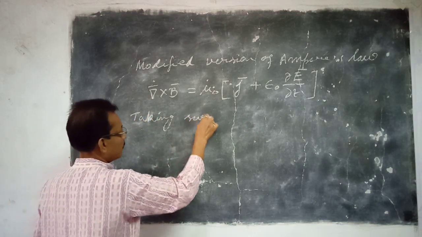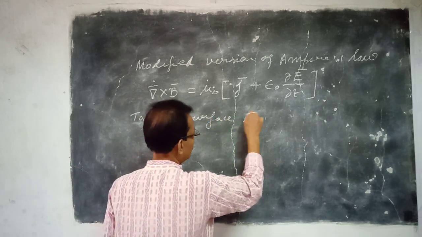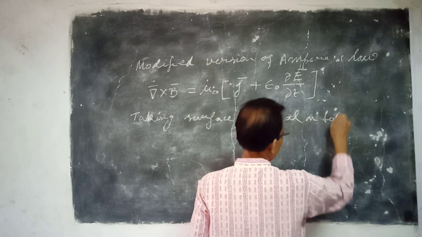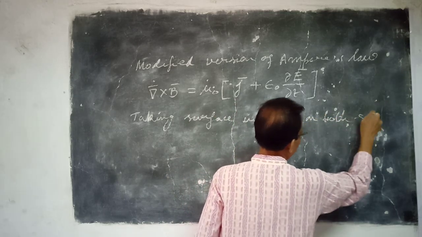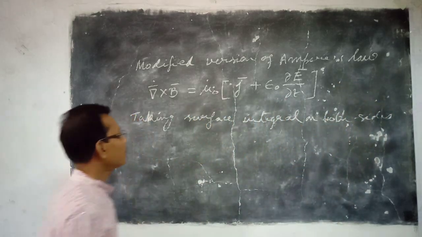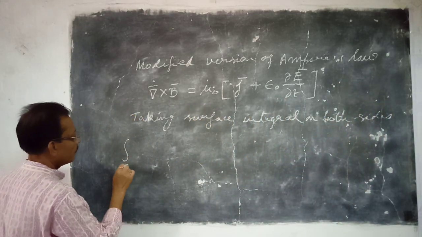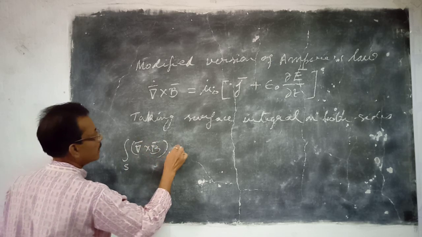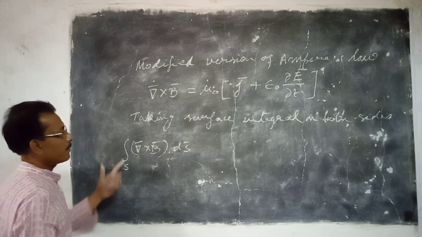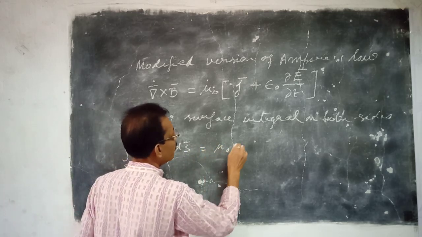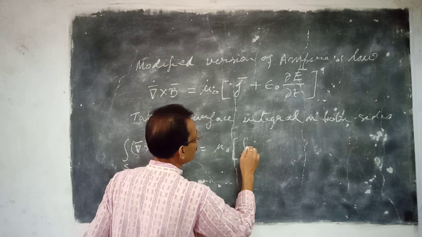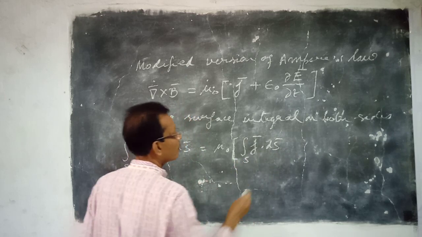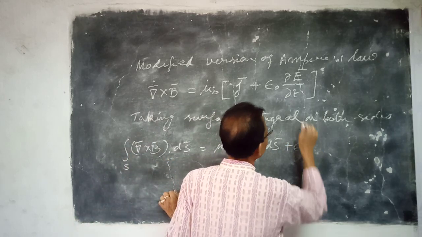Taking the surface integral on both sides: the integral of curl of B dot dS over an open surface equals mu 0 times the integral of J dot dS plus epsilon 0.